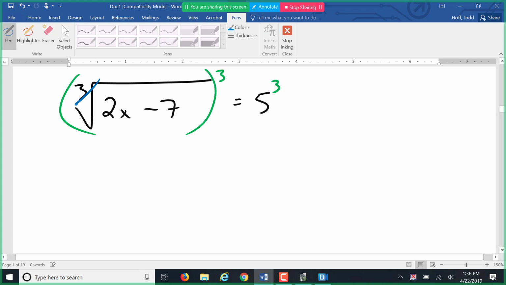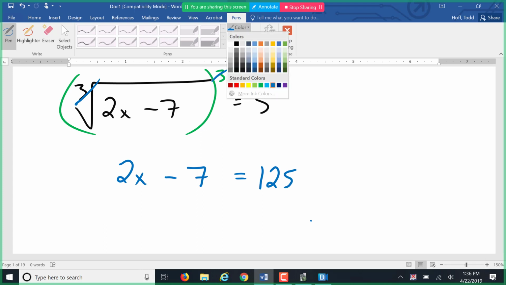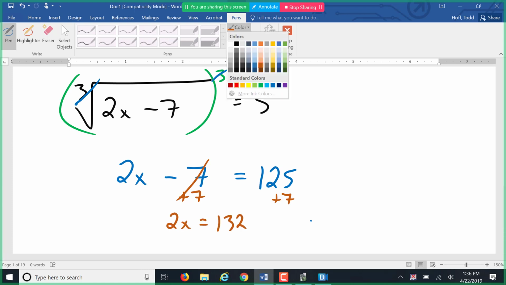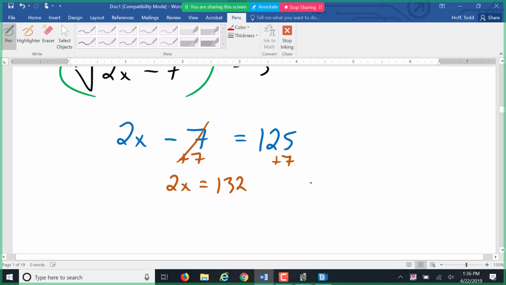So the third root and the power of 3 cancel out, leaving us with just 2x minus 7 on the left side. 5 to the power of 3 is 125. And now we solve. We add 7. I'm going to assume you guys can solve from here. So we add 7. 2x equals 132. And we divide by 2. X equals 66.